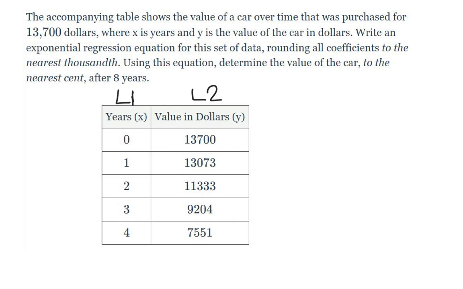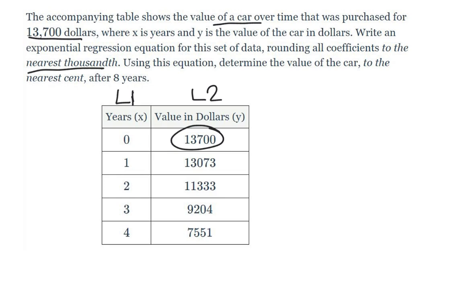Then arrow over and enter your Y values. 13,073, 11,333, 9,204, 7,551. Looks like this is decreasing, isn't it? Okay, because they're looking at the value of a car over time. Initial value was this at 0. They want us to round to the nearest thousandth.